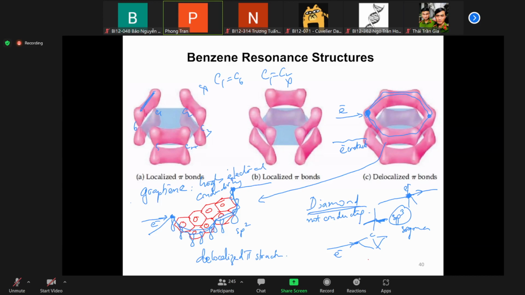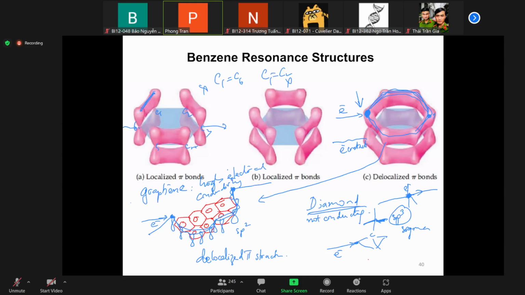Thanks to this resonance and delocalization, if you inject electron into carbon number 6, it will quickly move to carbon number 3 here. In the case of the localized pi bond, if you inject from number 6, it can move to carbon number 1, but it cannot go to number 3, right?